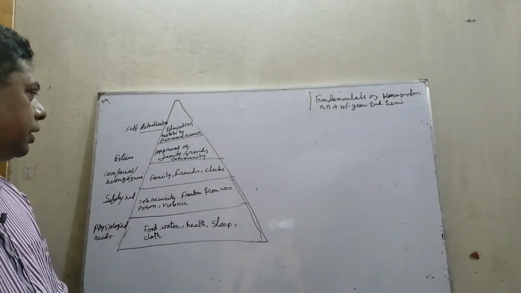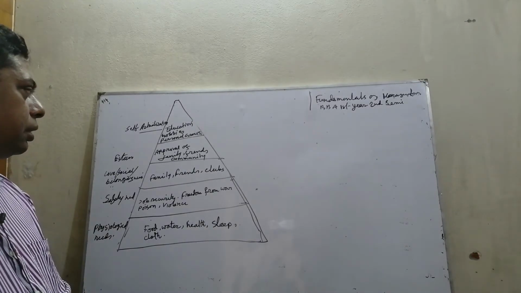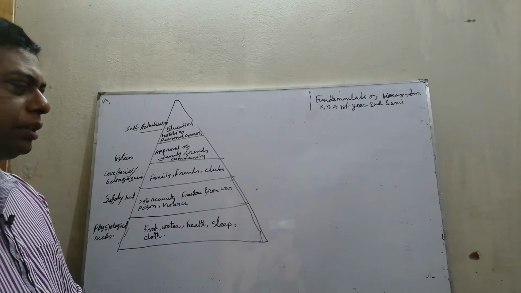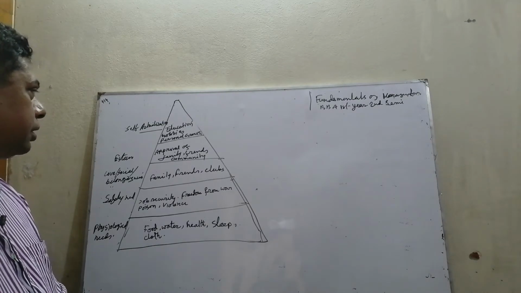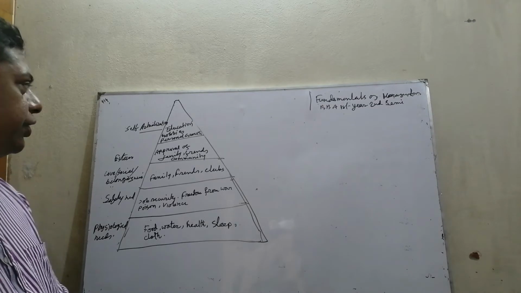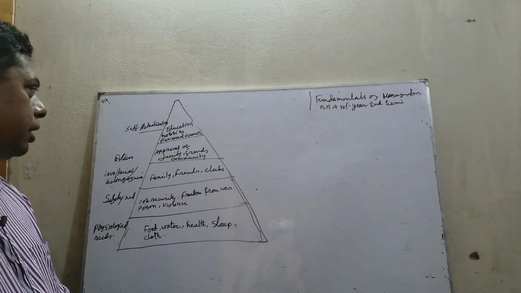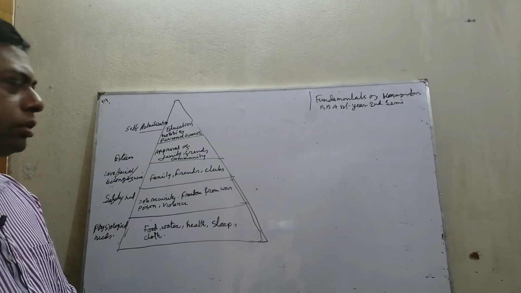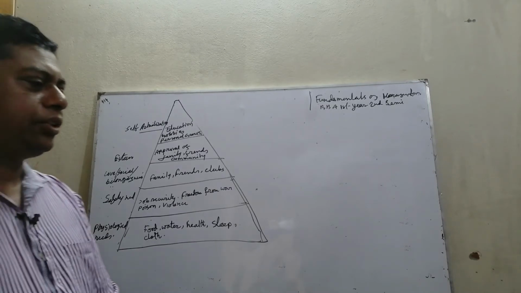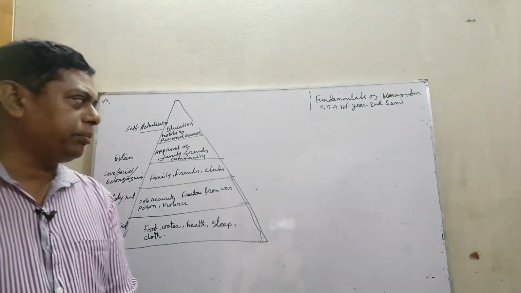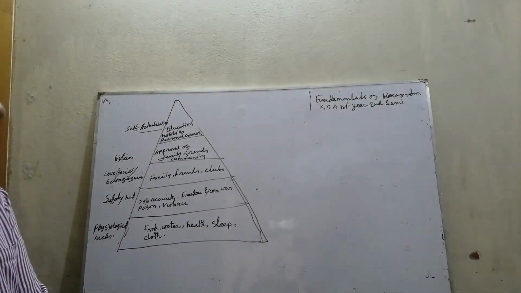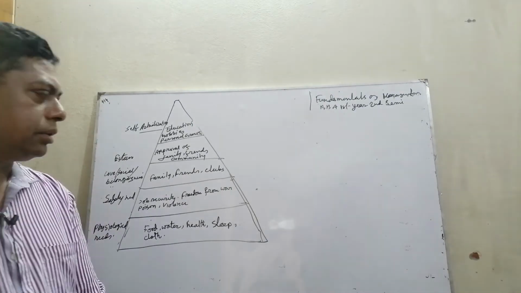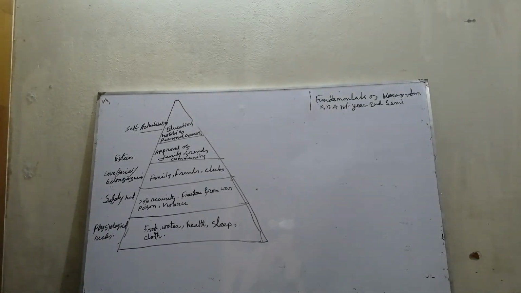And the esteem needs: approval of family, friends, community. And the self-actualization needs: education, hobbies, personal growth. These five category needs are important to the development of personal or organizational activities.